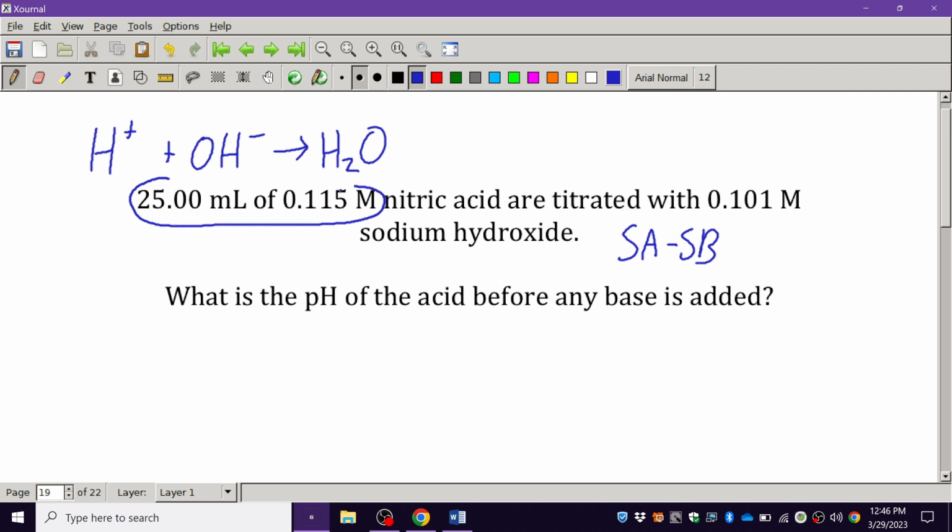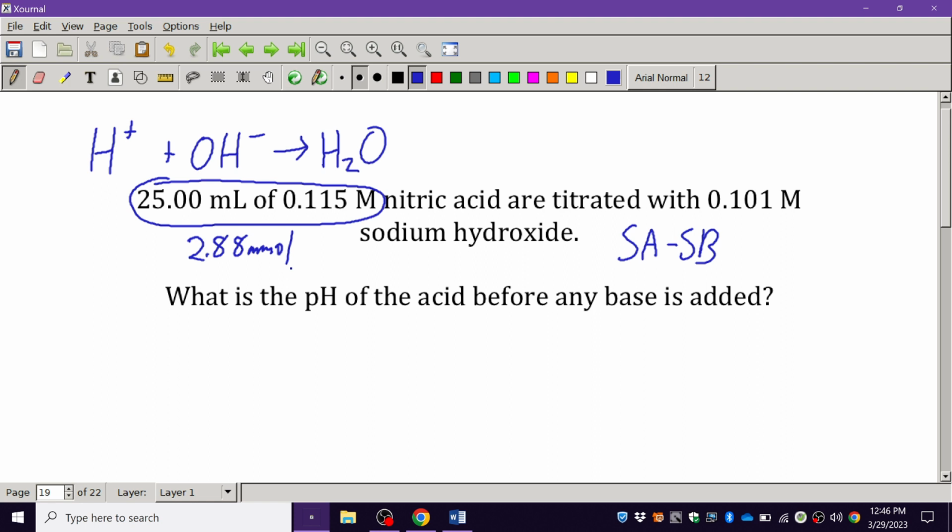If I multiply 25 milliliters times 0.115, what do I get? 2.87, or is it 2.88? 2.88 millimoles. All right, so that's what we're starting with.